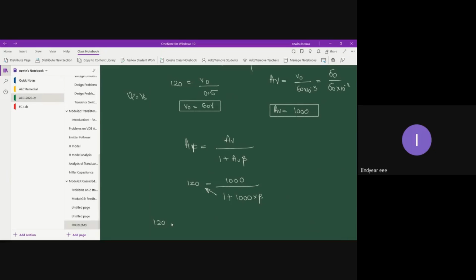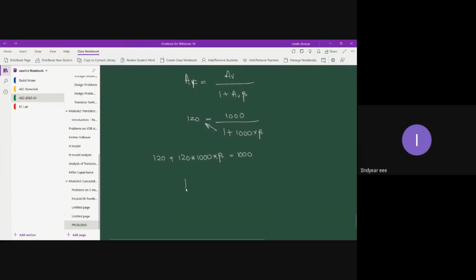So 120 plus 120 into 1000 into beta is equal to 1000. Or beta is equal to 1000 minus 120 divided by 120 into 1000. So that you will get as 0.00733. Okay, so that is your problem number 6.